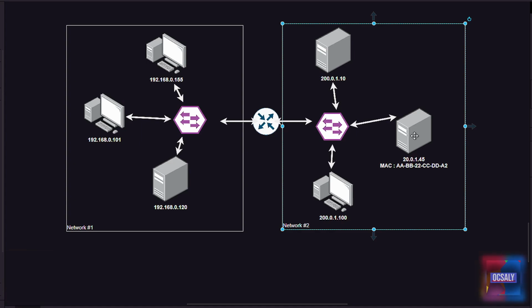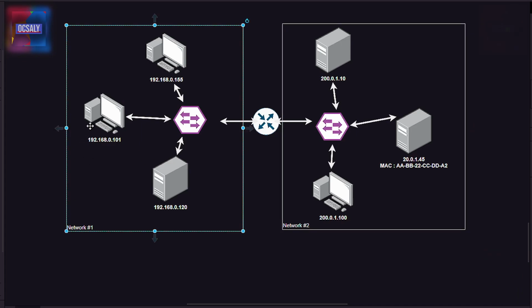The entry indicates that the router on the IP address 192.168.0.101 knows how to get to that destination address.